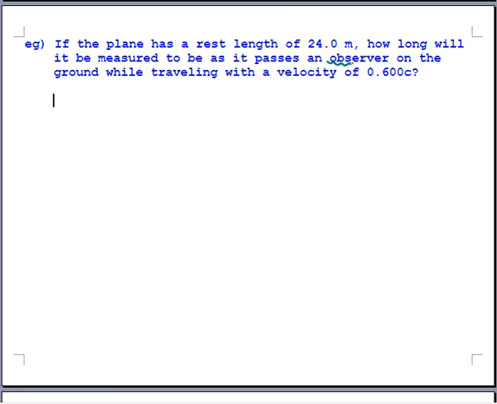So if you're the observer on the ground and this airplane is moving past you, I guess we first have to answer this question. Is the airplane moving compared to that person on the ground? And you would say, well, yes, it is. And if you answer yes, we know that moving things are skinny.